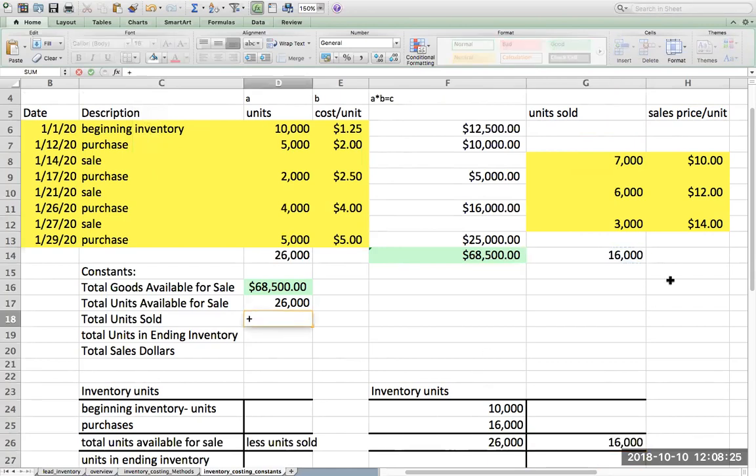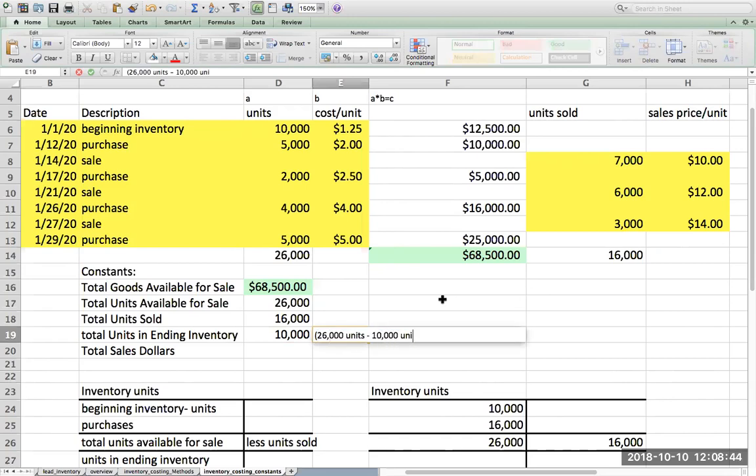So if I have 26,000 units available for sale and I sold 16,000 units, how many units do I have in ending inventory? That is 26,000 units minus the 16,000 units sold, which gives me a total of 10,000.